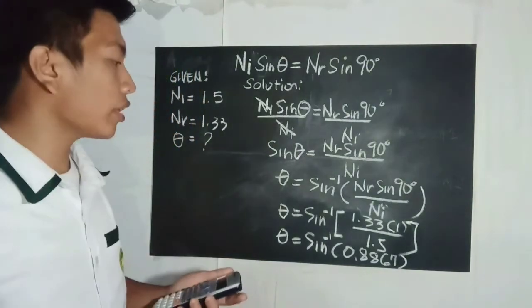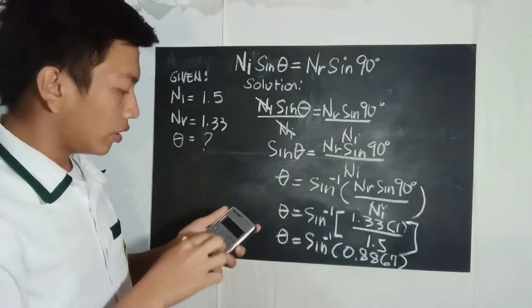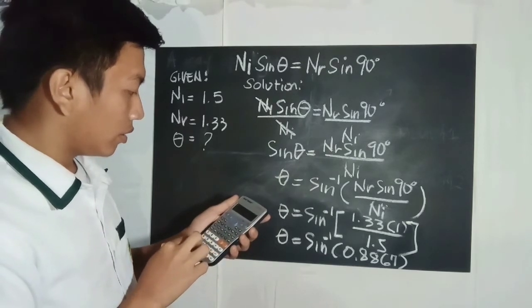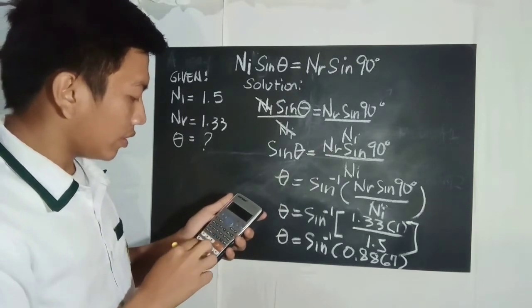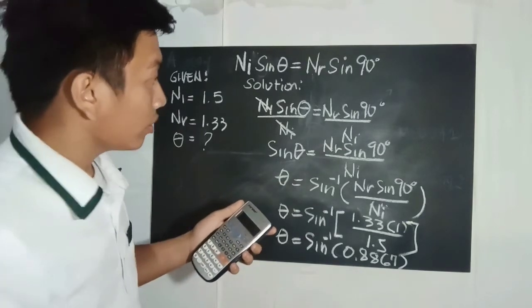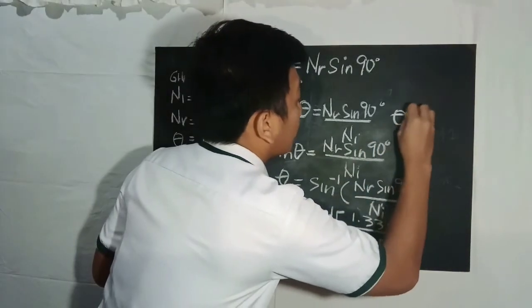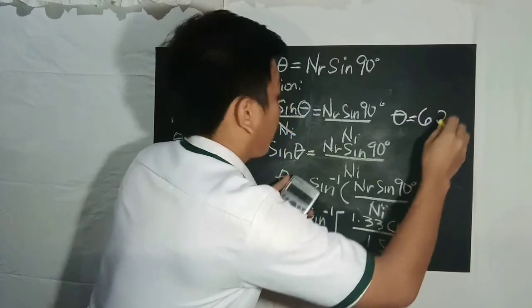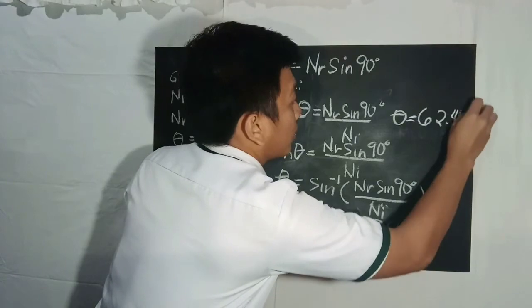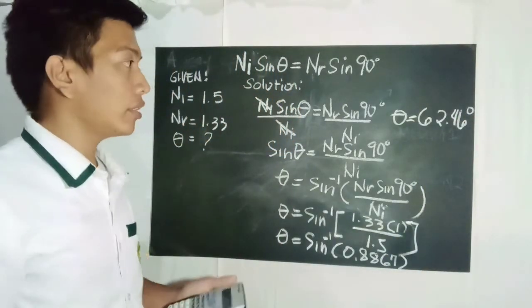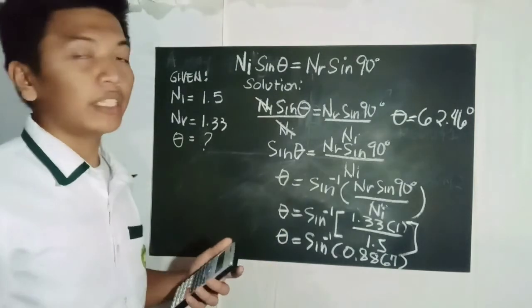When you click it on your calculator, just press shift sine times 0.8867. So the answer is theta is equal to 62.46 degrees. So in this problem, the critical angle is 62.46 degrees.